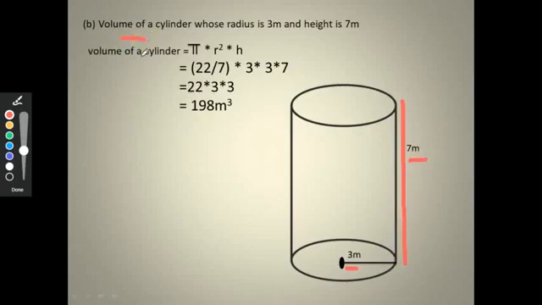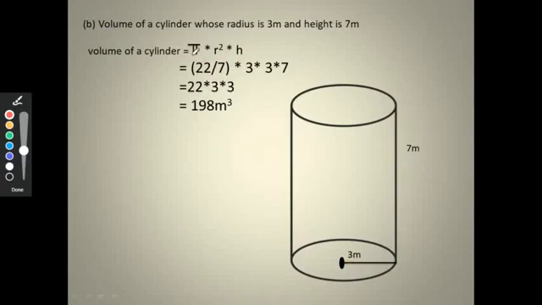Volume. We know the formula to find the volume of the cylinder. The formula is pi into r square into h, where r is 3 meter and h is 7 meter. We have to substitute in the formula in order to find the volume of a cylinder.